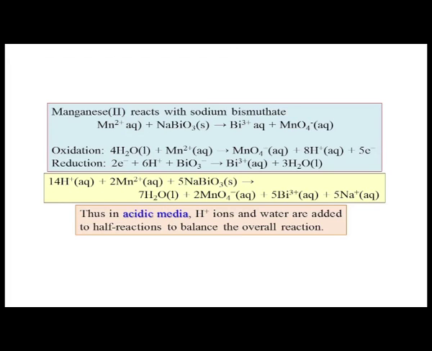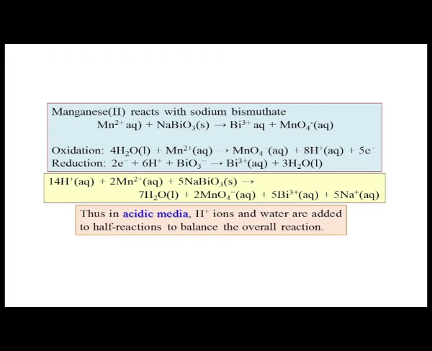Like our reaction of MnO4 minus, which is very stable in acidic condition, the formation of MnO4 minus is also in acidic condition. So, that is another example: MnO4 minus and Mn2+, whatever we are handling for this quantitative estimation, the balancing of all these reactions is in acidic medium.